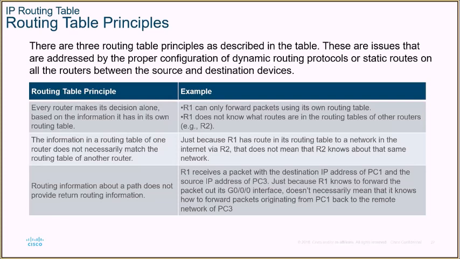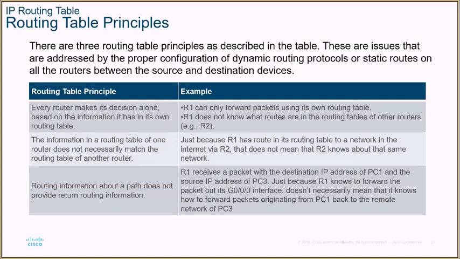The information in a routing table of one router does not necessarily match the routing table of another router. Even if all the routers know everything, their routing tables will not be identical because every router is in a different position on the network. They will often have similar information, but rarely, if ever, the same information.